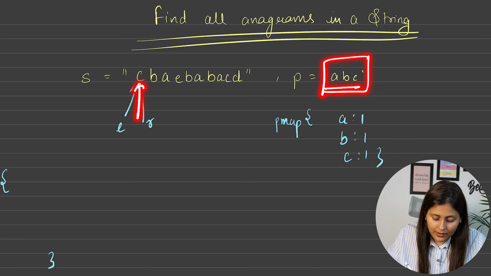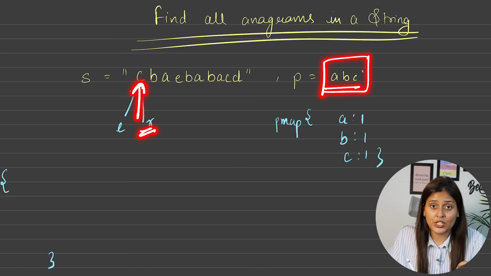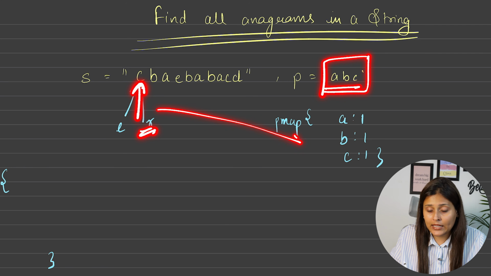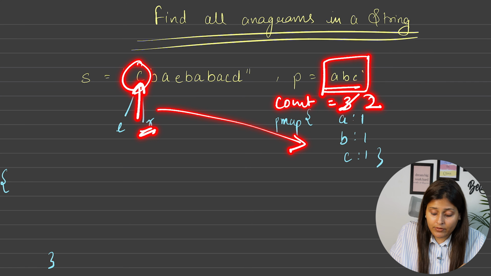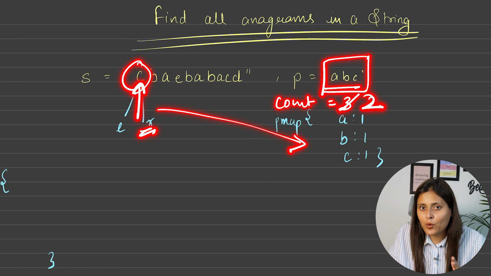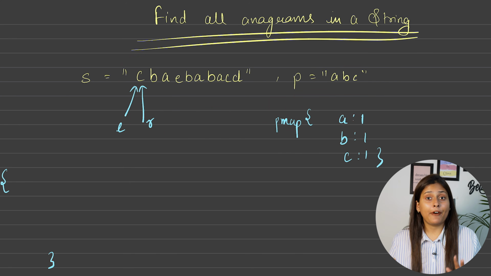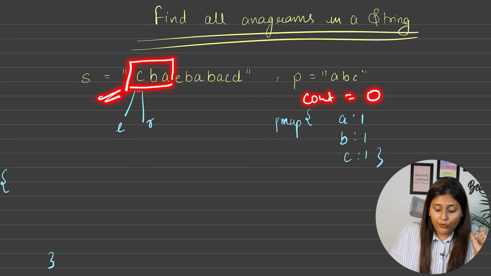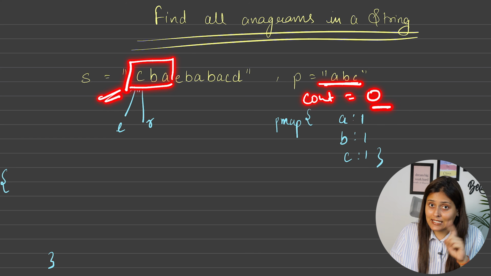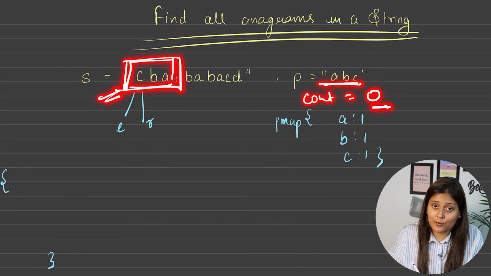So whenever R encounters any such character which is present in the P map, then we will say yes, we encountered one character, and the count which was 3 earlier we will reduce to 2, meaning reduced by 1 whenever a character is found. Why are we doing this? Because for every substring, whenever the count becomes 0 from 3, we can say that as the count is 0, all the required characters have been encountered in this substring, hence it is a valid one.